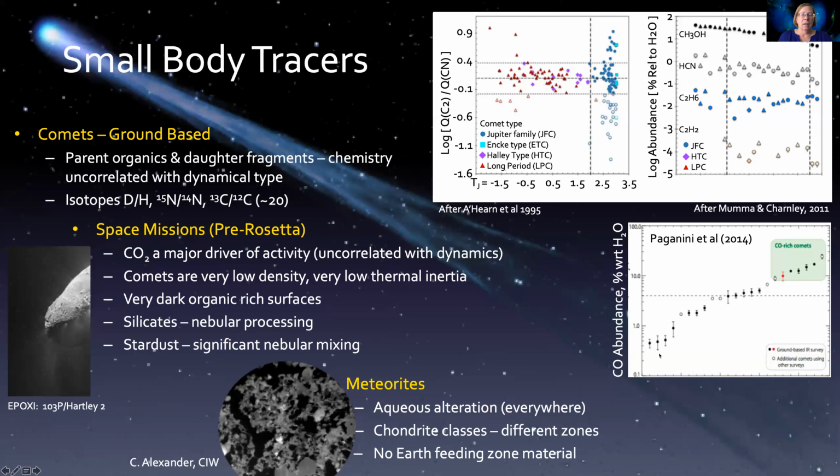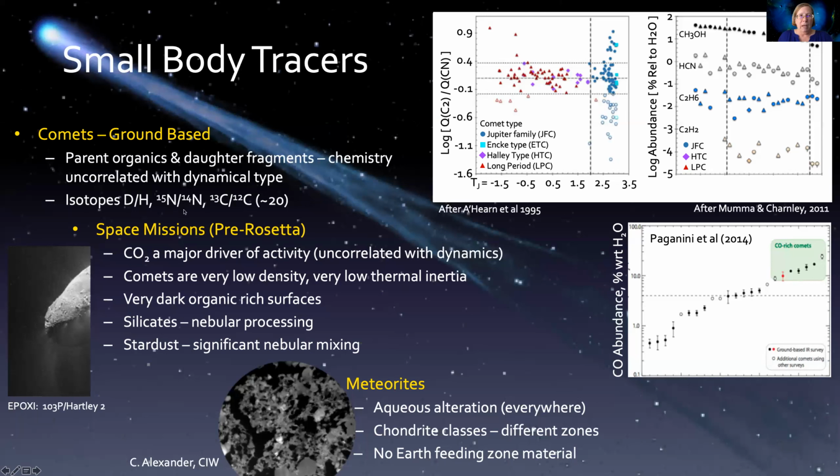In particular, some comets were very rich in carbon monoxide. Most comets are primarily water ice in abundance, with some CO2 and some CO, and then a whole bunch of minor species. It was only the long period comets that were abundant in CO.